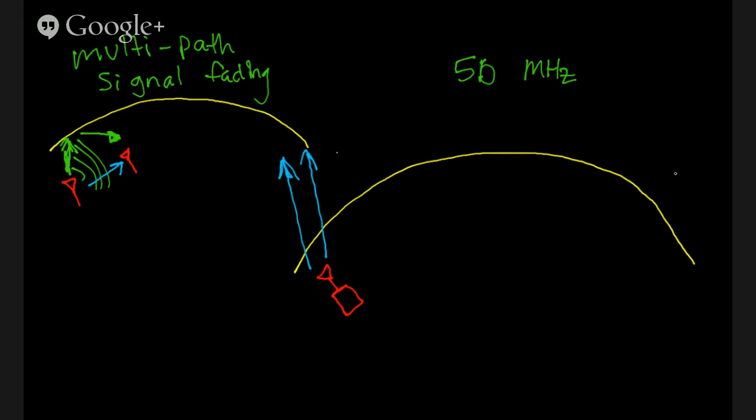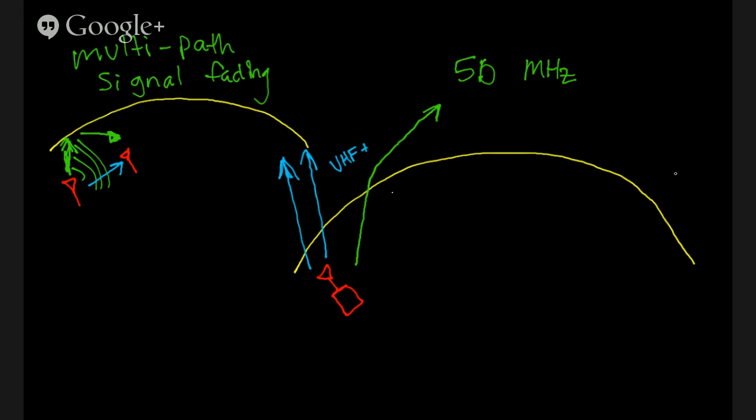Whereas transmissions at what we call the critical frequency, which is right around 50 megahertz, will start to be reflected back by different layers of the atmosphere.